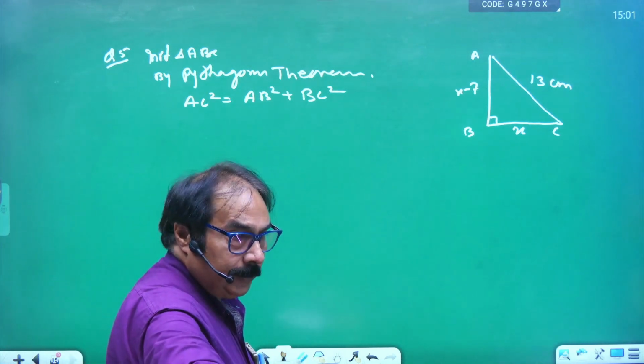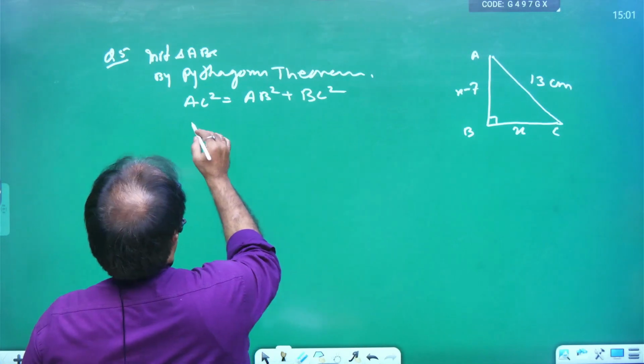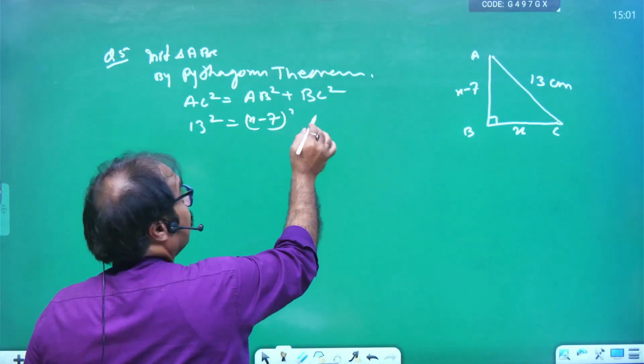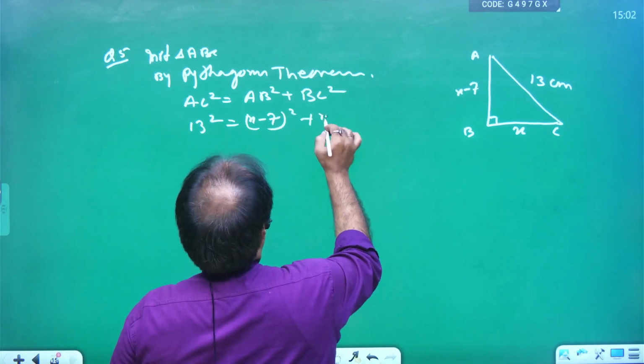This is the Pythagoras theorem. So AC square means 13 square, AB square means x minus 7 whole square, and then BC is x square.